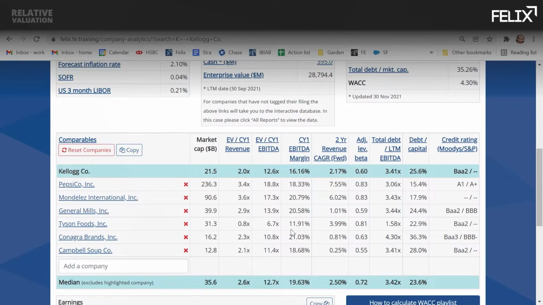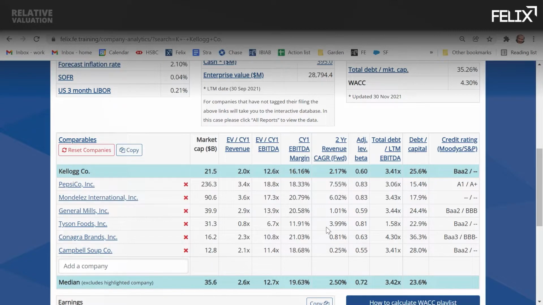So if we take a look at Tyson Foods, they have margins of about nearly 12%. Now they're growing at around 4%, which is significantly higher than Kellogg, getting on for double. They're higher than General Mills as well. And they're also higher than Conagra Brands.